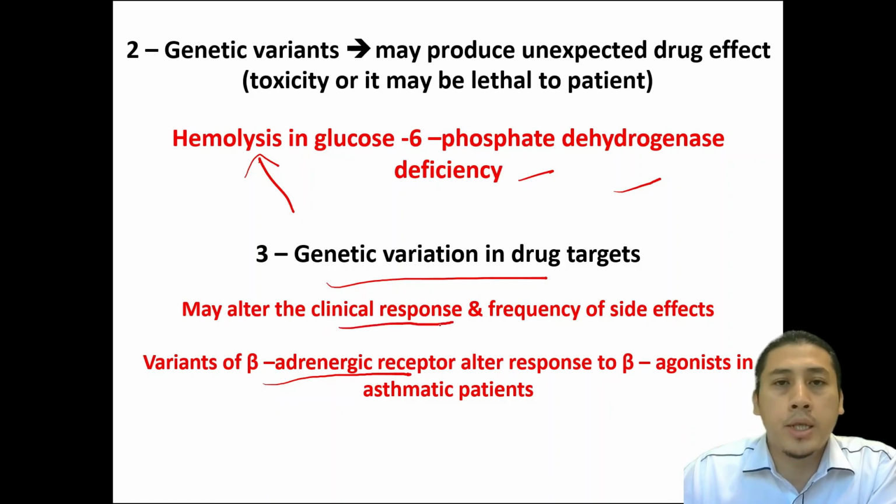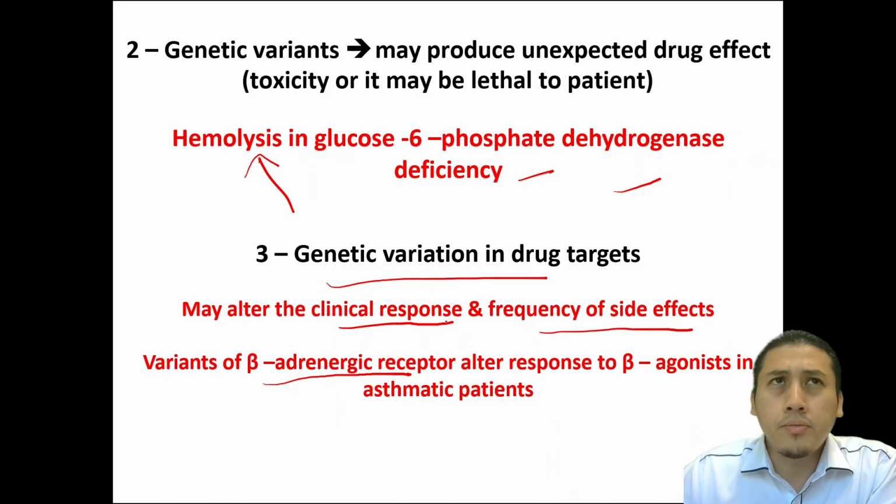You were expecting by administering the inhibitor of beta adrenergic receptor, then you would have reduced activity. But in the genetic variation people, this does not happen. Then it just happens like normal. And then it also may alter the frequency of side effects.